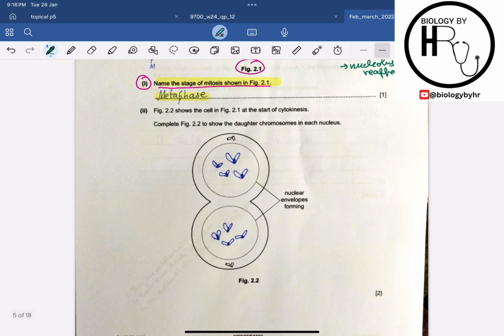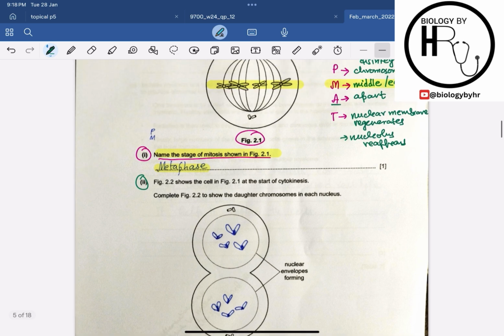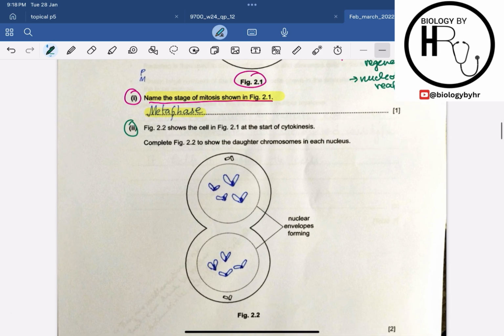Let's now move on to part 2 of A. It says that figure 2.2 shows the cell in figure 2.1 at the start of the cytokinesis. In the cytokinesis, the contractile ring is formed and eventually the two cells will be formed. Complete figure 2.2 to show the daughter chromosomes in each nucleus.